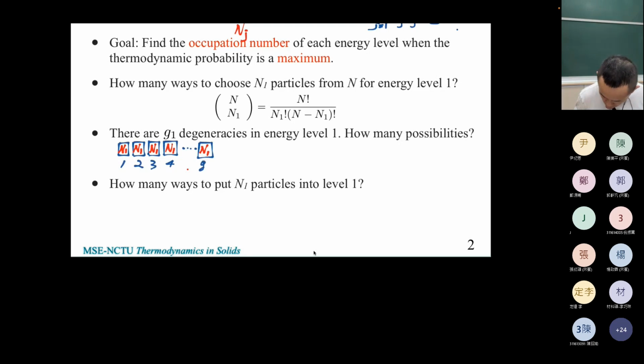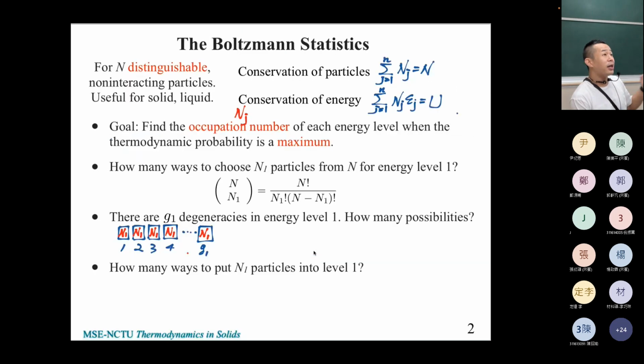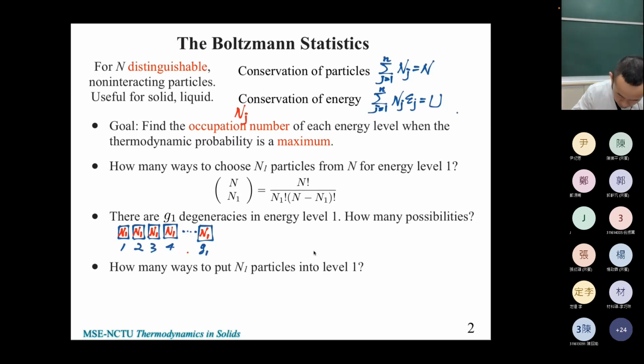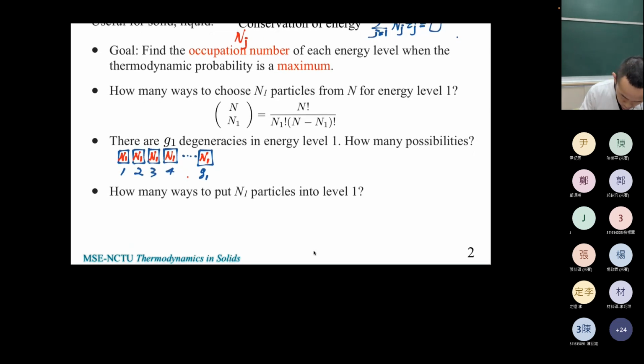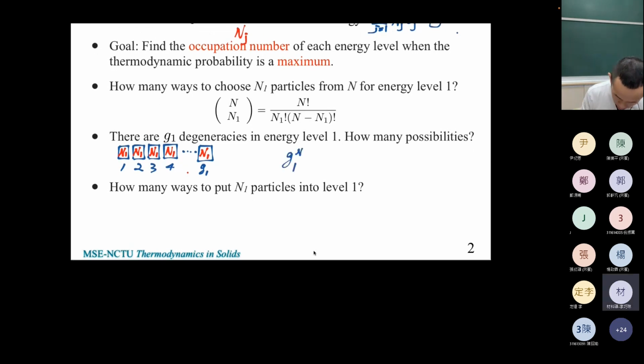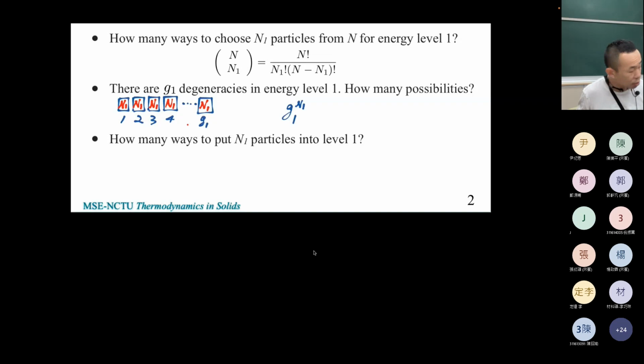There are G1 degeneracies, and each particle can be put in G1 or G2 or G3, so you have a really big number: G1 to the power of N1 possibilities.